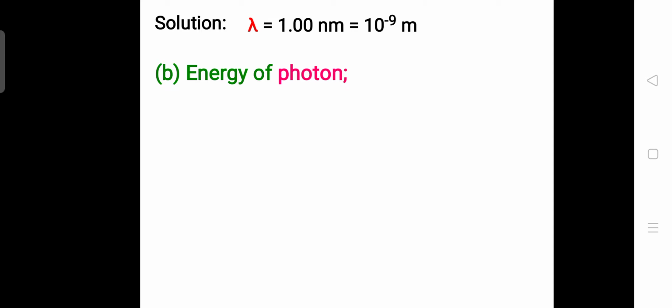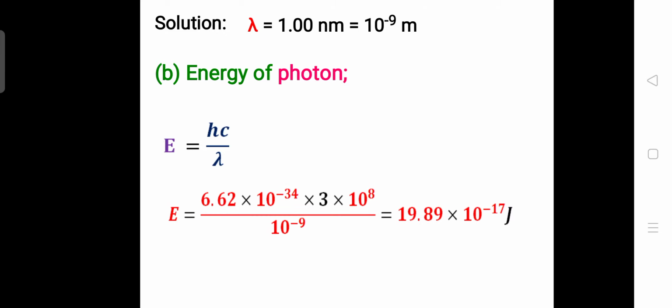This is the second part, energy of photon. The formula of energy is E is equal to h nu. Here frequency nu is not given, wavelength is given. So we will use the formula E is equal to hc upon lambda. h is constant, c is constant, lambda is given. Put the values: h is 6.62 into 10 raised to power minus 34, multiply c, speed of light, 3 into 10 raised to power 8, divided by lambda, that is 10 raised to power minus 9.